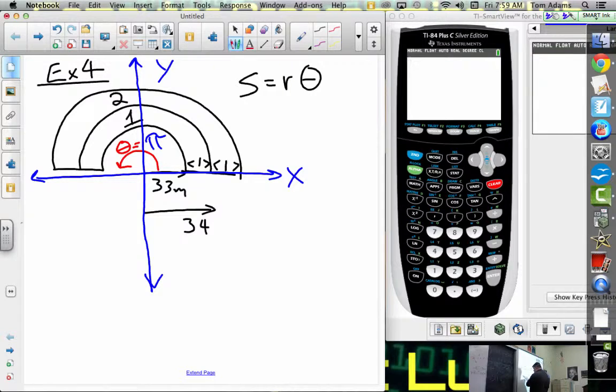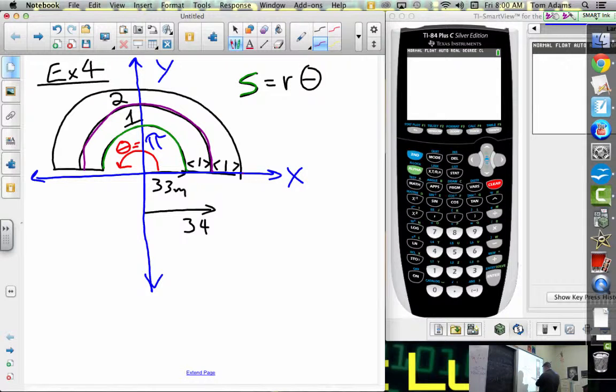And so to find the difference, I have to measure the arc length, right? So my arc length S is going to be this arc length, and then I'm going to compare that to this arc length and find the difference between the two.